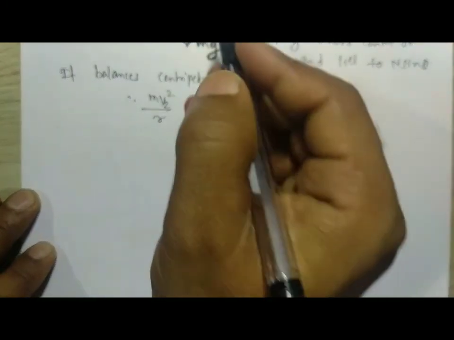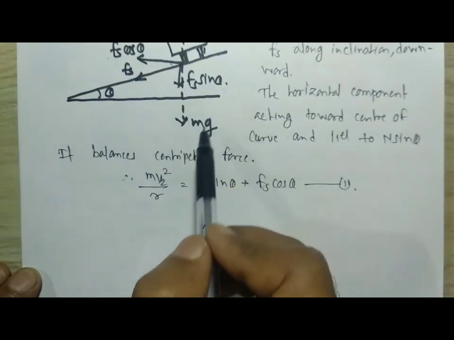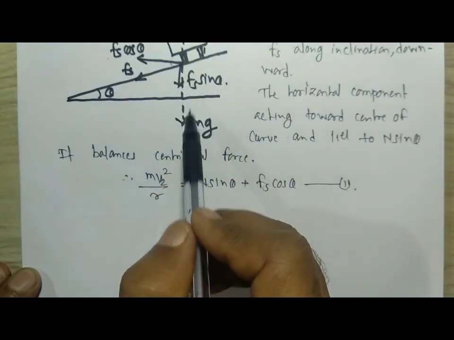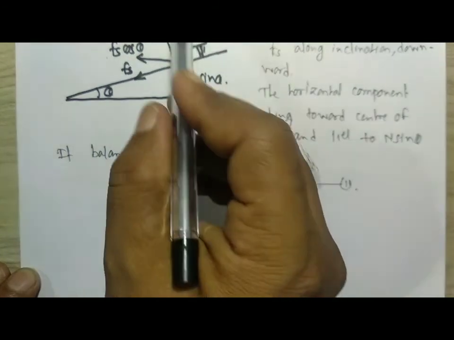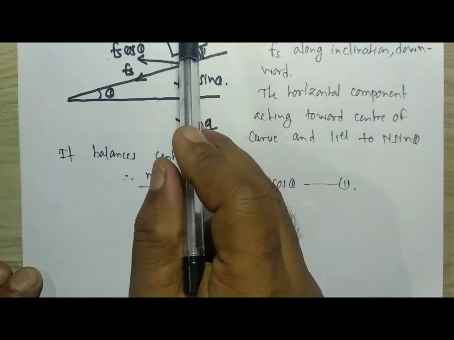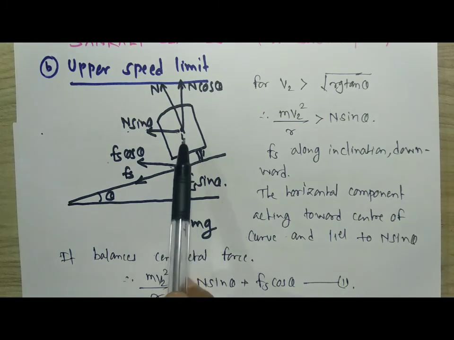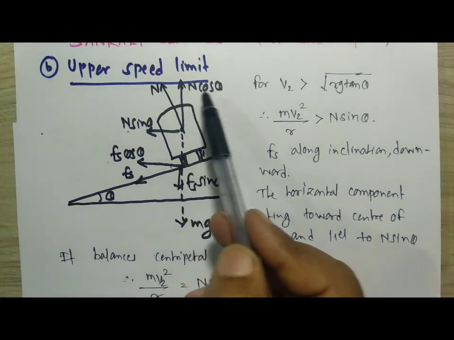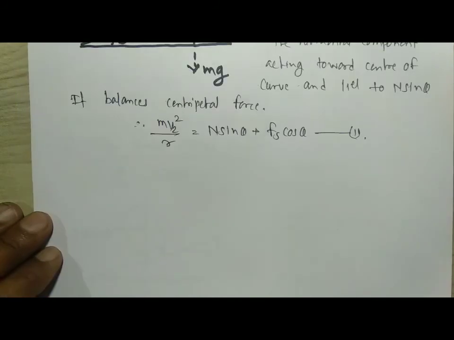And similarly, in the figure we see that fs sin theta and mg act in the downward direction, and n cos theta acts in the upward direction. That means only one force, n cos theta, acts upward, and fs sin theta acts downward along with mg.